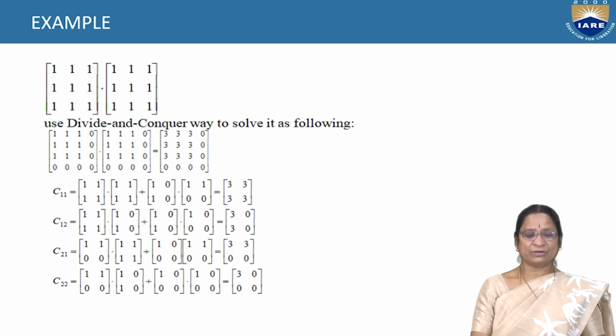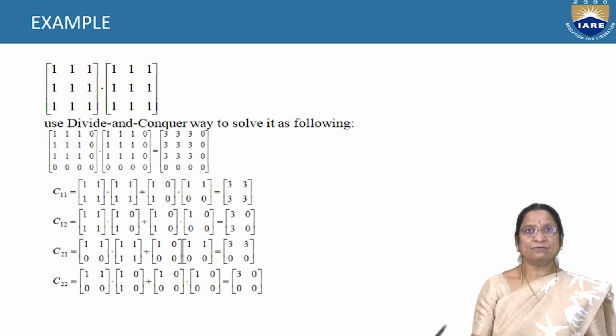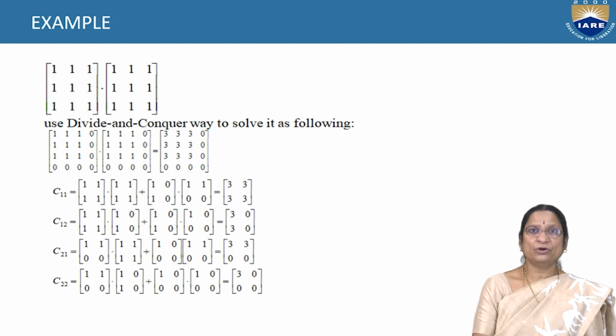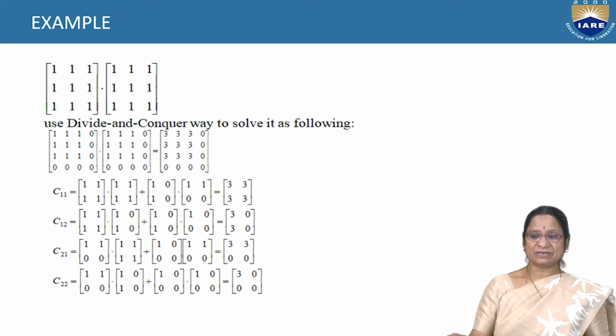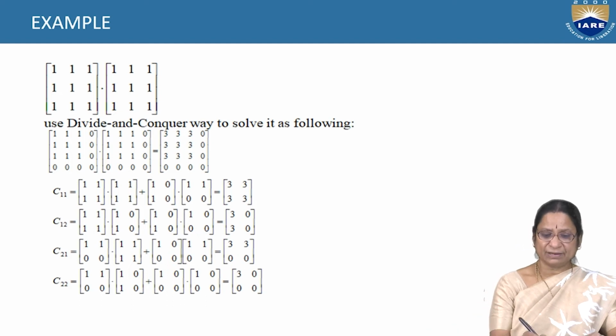We'll consider one more example, you observe. If you are unable to represent your n in the form of 2 power k, then what happens? Then add some rows and columns to each of these matrices to make your n a 2 power k. For example, what is this here? A 3 by 3 matrix and a 3 by 3 matrix.